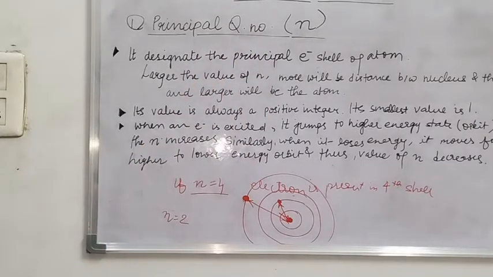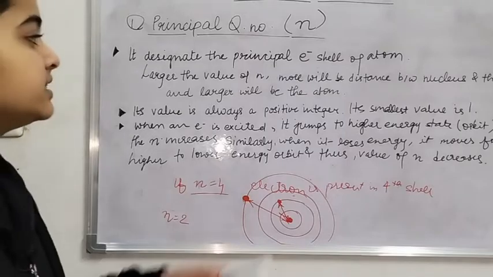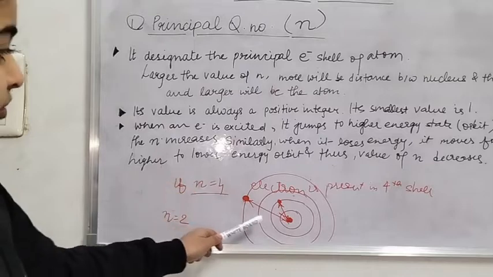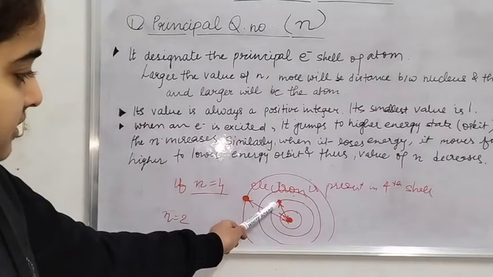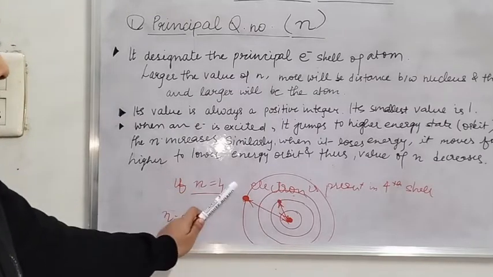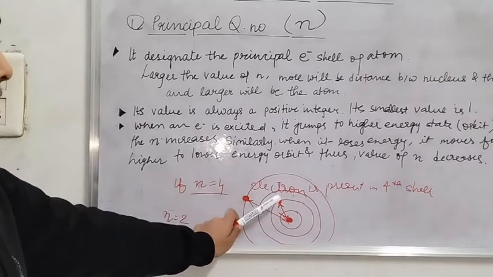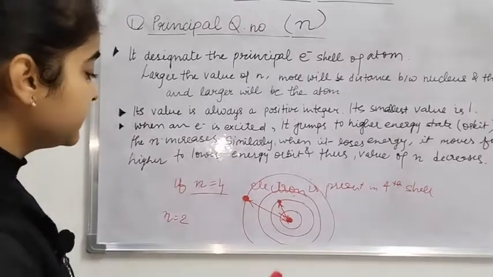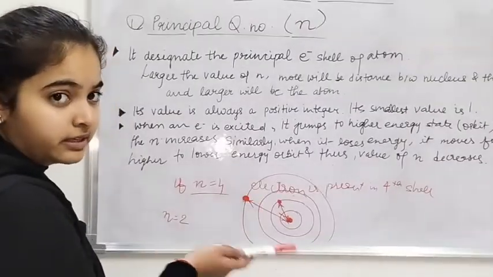Next point is, when an electron is excited, it jumps to a higher energy state. So the n increases. Suppose this is the low energy state and this is the high energy state. If an electron moves from a lower to a higher energy state, then obviously the value of n will increase.